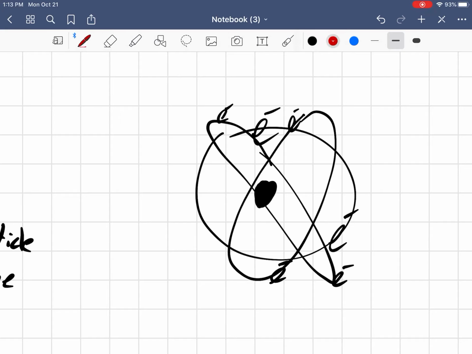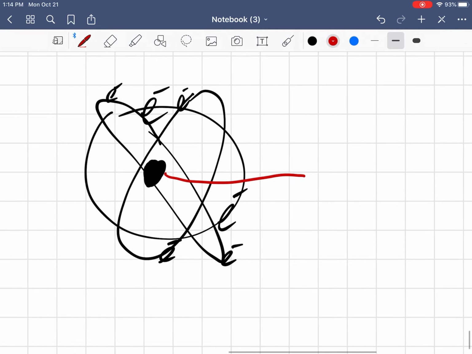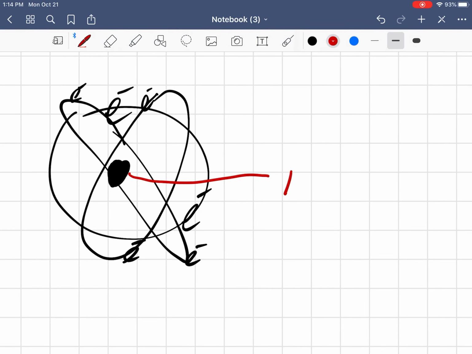Now, though this picture is not accurate, we can use it to help us identify the two main parts of an atom. This center region, this big region right here, we call the nucleus of the atom.